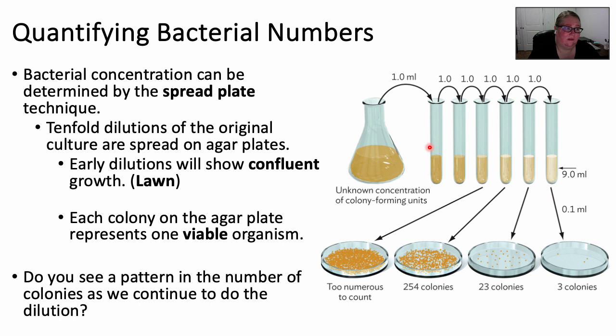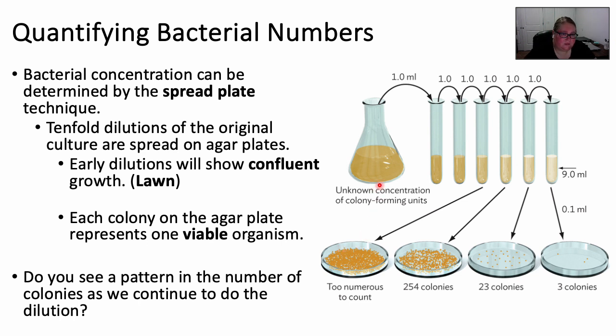Our early dilutions are going to show what we call confluent growth, meaning we're going to have a lot of bacteria on that plate. In fact, we have so much, we call it TNTC, too numerous to count. We're going to grow what's called a lawn. We aren't going to be able to distinguish individual colonies from each other. We're not going to be able to count it.